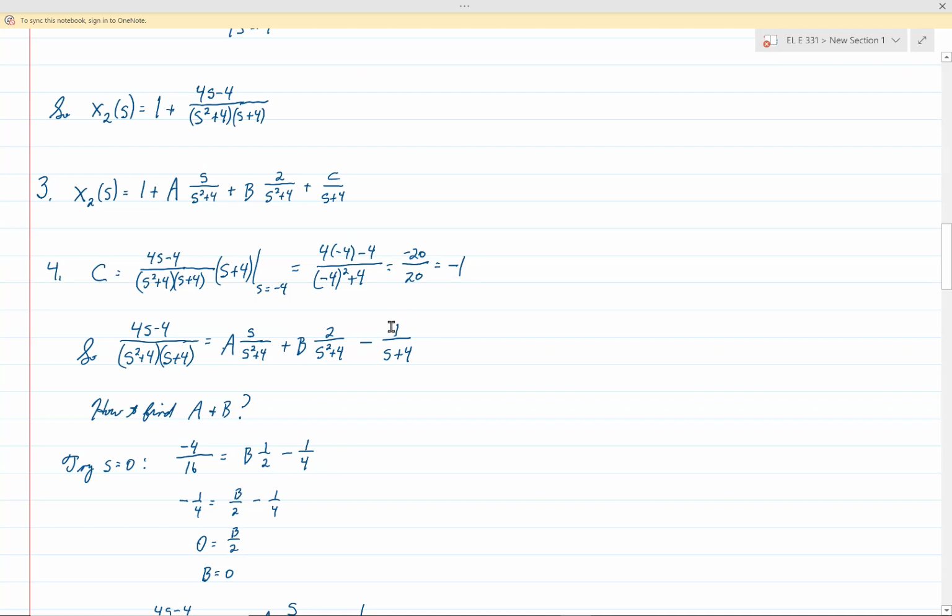And by the way, if you're wondering why I have a 2 in the top here, the form in the table is omega naught over s squared plus omega naught squared. So we can see down here omega naught squared is 4, so omega naught is 2. So that's why I have a 2 there, to make it match with what's in the table. Similarly, that's why I have an s in this term, because the Laplace transform of cosine omega naught t u of t is s over s squared plus 4.